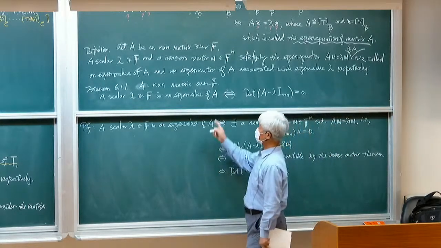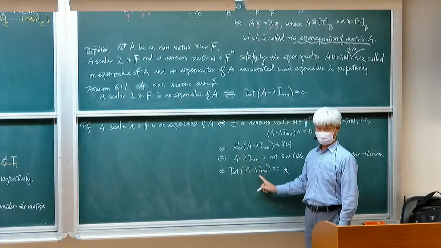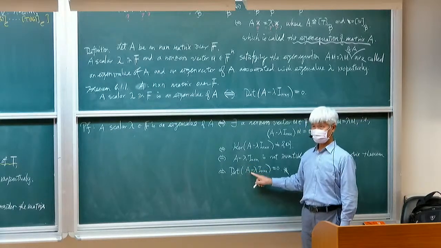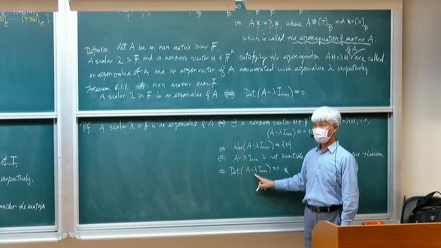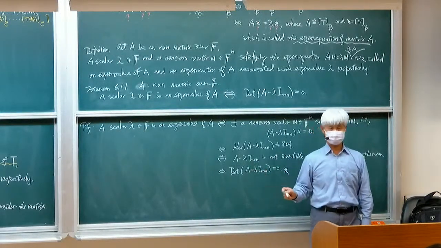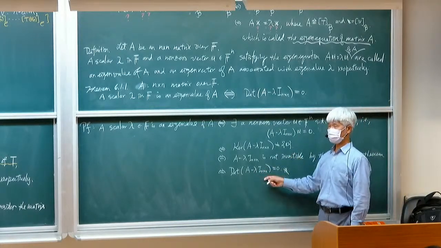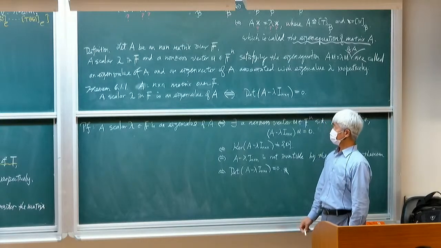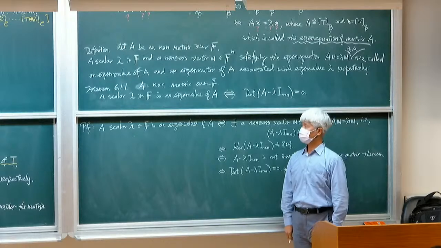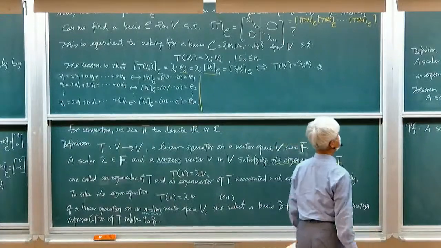Now we are able to use this, and we have the expansion formula. In principle, you can expand this determinant, and it will be a polynomial in lambda. So basically, you have to solve a polynomial equation. That is for a particular matrix A. But how about T?